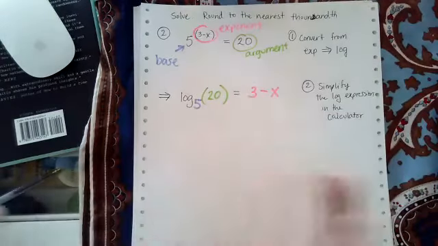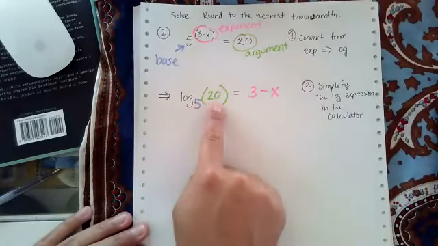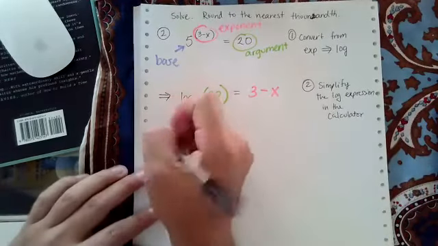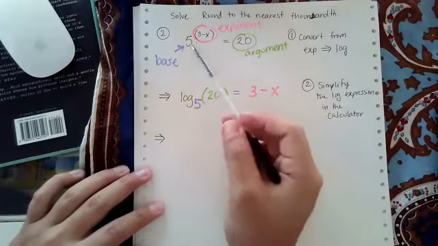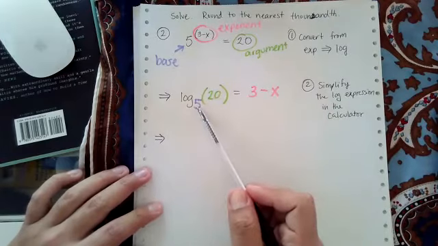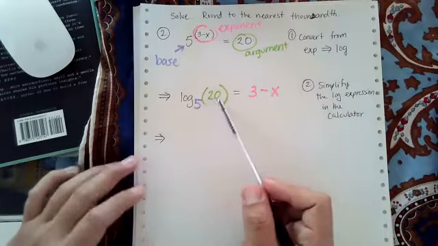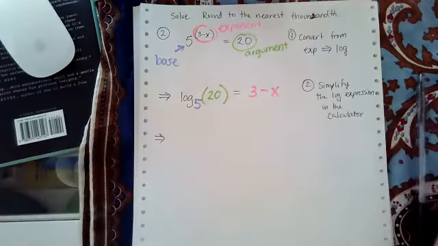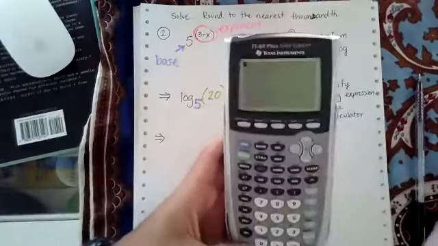We just need to throw log base 5 of 20 into the calculator and then see what it spits out. You'll see that because we can't match the bases between 5 and 20, whenever the bases can't match, you're going to get a really ugly decimal number. And these instructions will tell you to round to some decimal place because these are really ugly numbers. So let's take a look and see what we get.